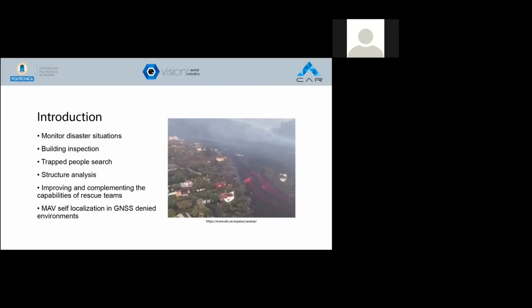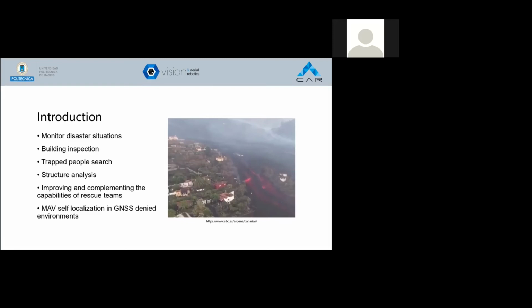They can also help with trapped people search, structure analysis, and thousands of other things. Basically, these vehicles can improve and complement rescue teams' capabilities, reducing the risk not only for them, but also for the people in danger.